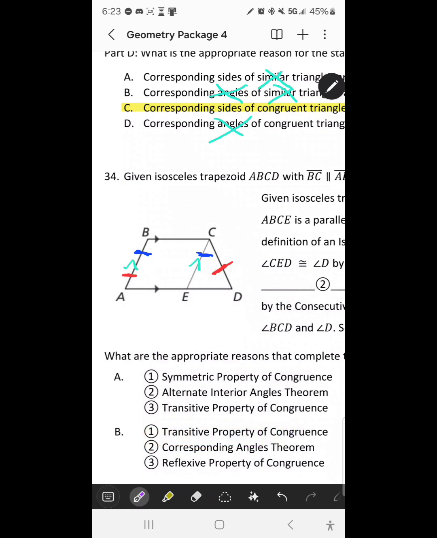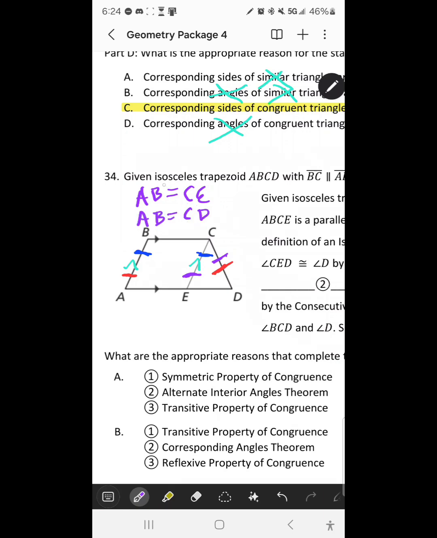Now, based on that, I can establish that this is congruent to this by the transitive property. I like taking the property from one side and putting it on the other. For example, in easier terms, I have AB equal to CE, and then I have AB equal to CD.